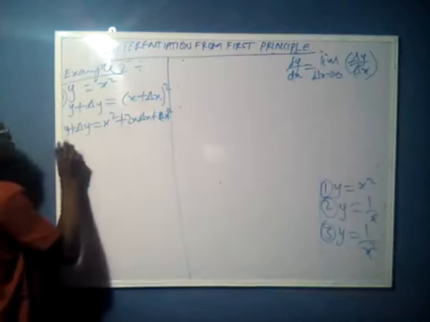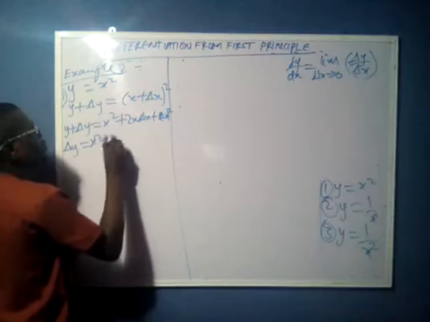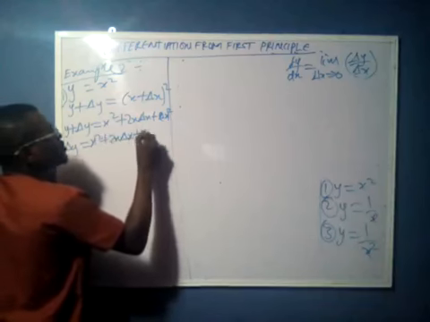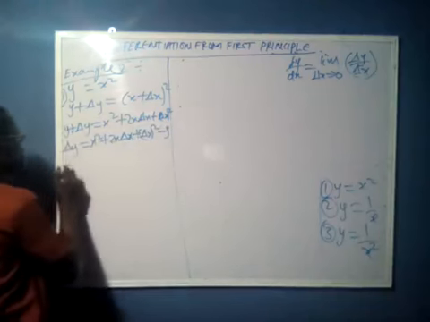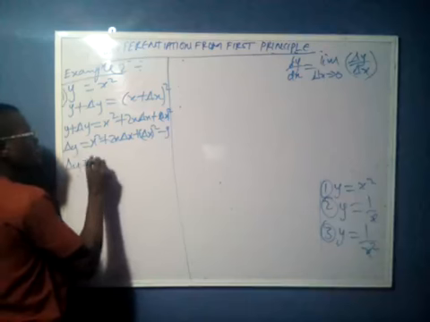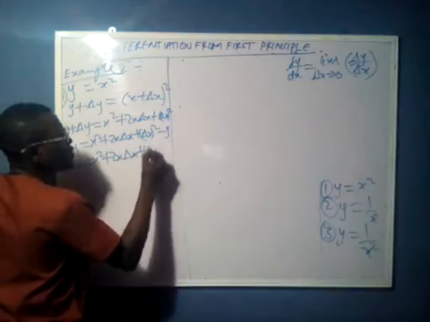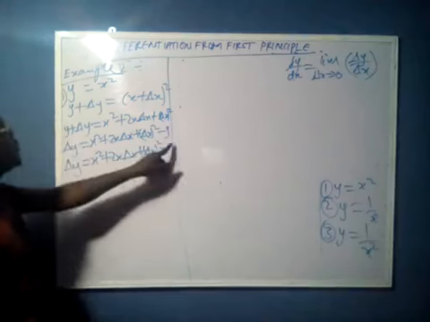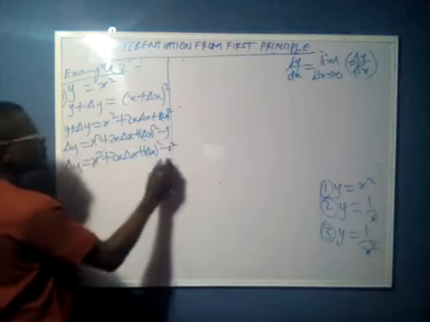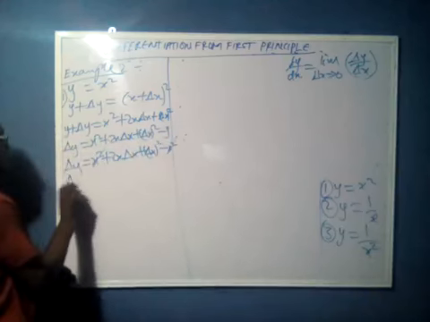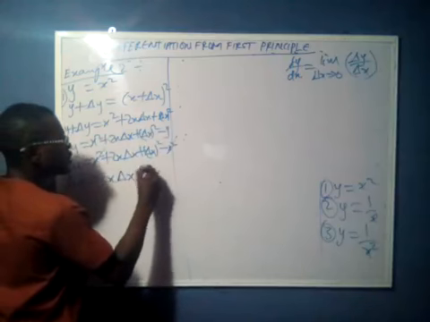So we're going to have change in y to be x squared plus 2x delta x plus delta x squared minus y, transferring y to the other side. So we have change in y to be x squared plus 2x delta x plus delta x squared minus, don't forget that y is x squared itself, so we have x squared. So this is out.